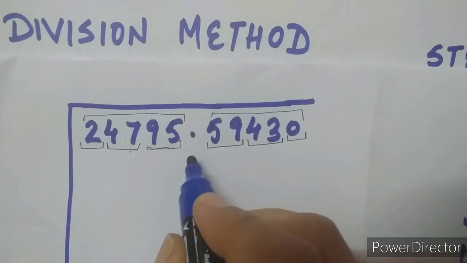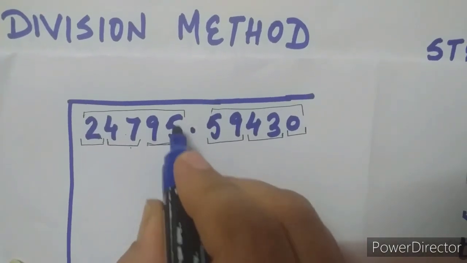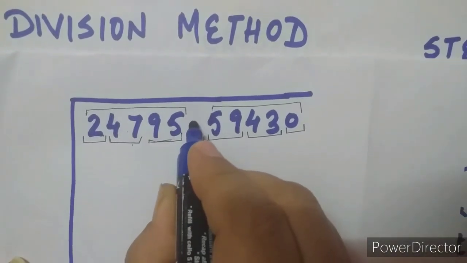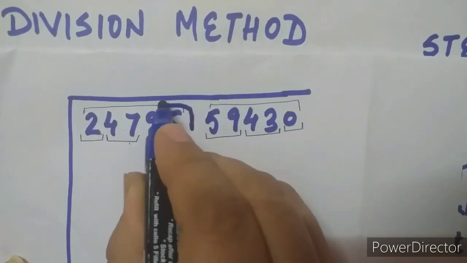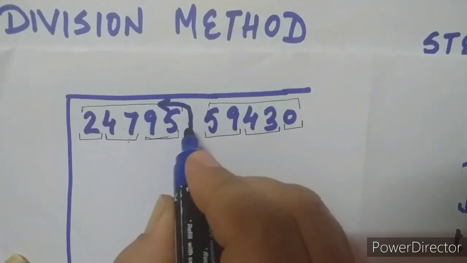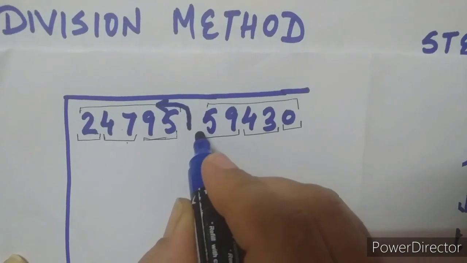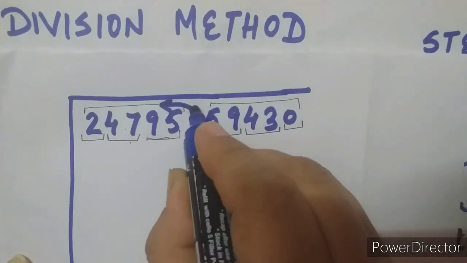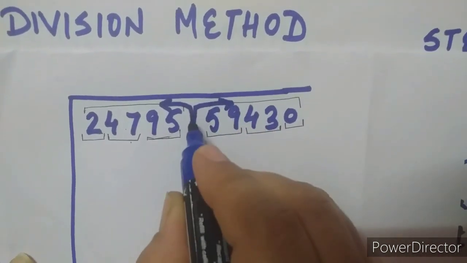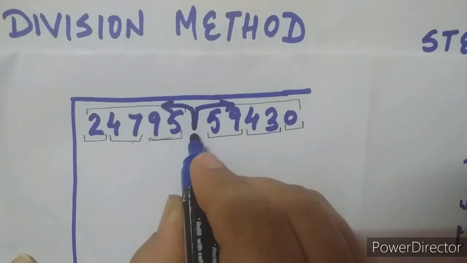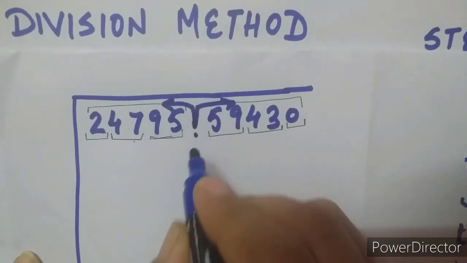So one thing you should remember: for the integral part we start from right to left, that means from this side of the decimal, and for the decimal part we will start the pairing from this side. I have started these arrows from the decimal only.